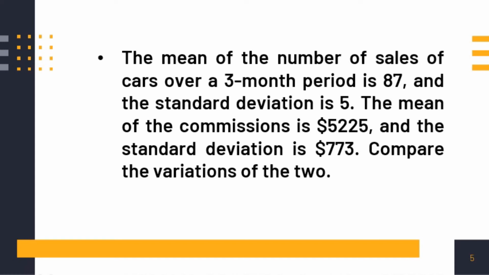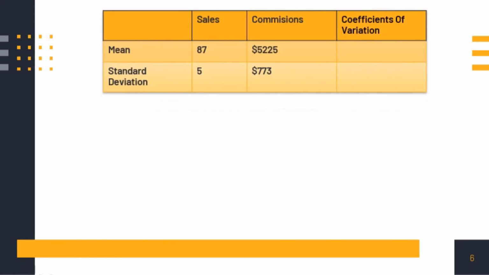Compare the variations of the two. This is the table, which is, again, the mean of the sales is 87 and the standard deviation is 5. In commission, the mean is $5,225 and the standard deviation is $773.